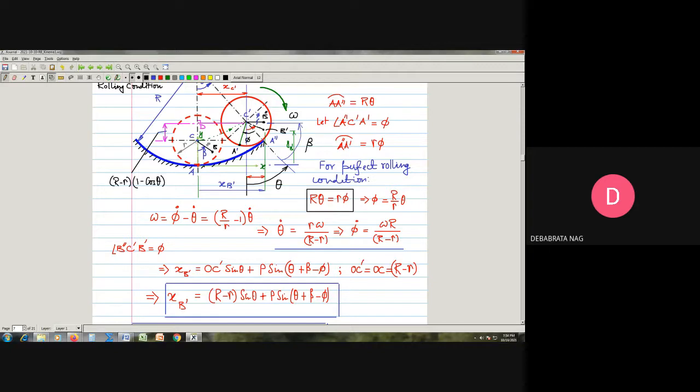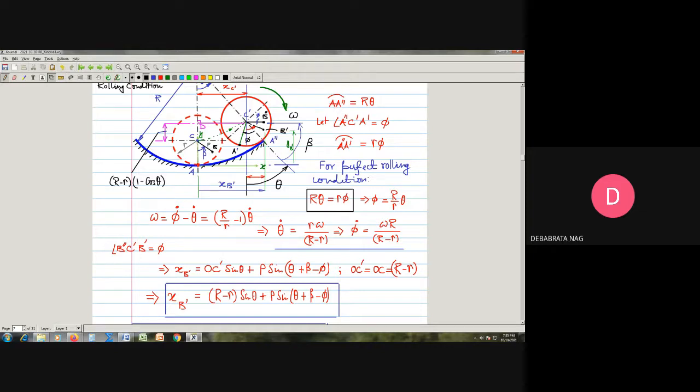So that is the beauty. That means you control this parameter rho as well as beta, and you will track down every possible point on or inside or outside of this body. So that can be done in this manner.